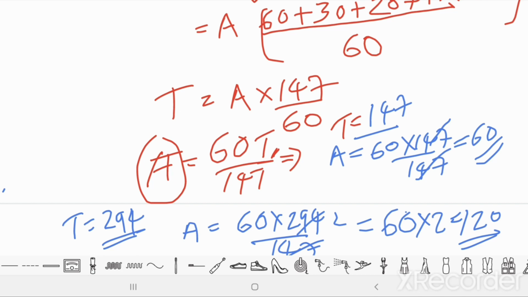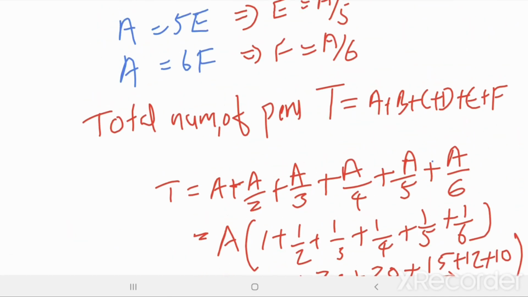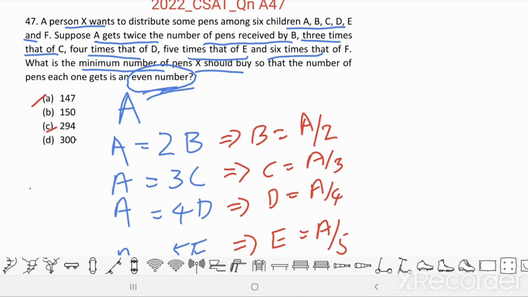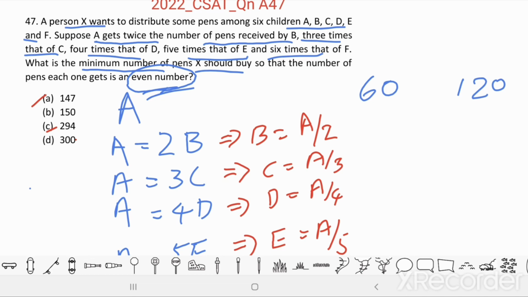We want to find the minimum value of T, and one more condition is everyone should get even number of pens. So let us see which value of A, 60 or 120, gives even number of pens to all the children.